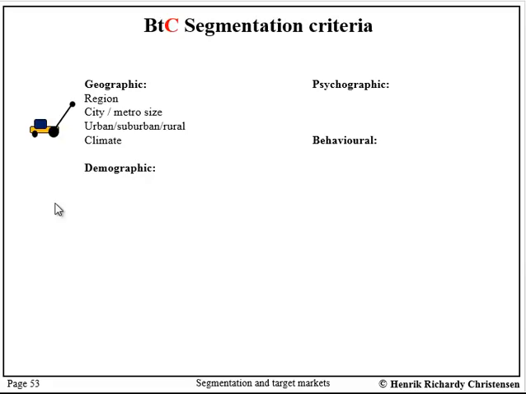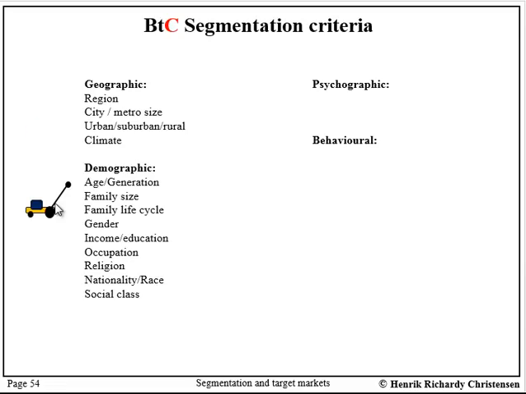And then we have demographic. You'll probably notice that you know some of these criteria. Age, generation, family size, family life cycle, gender, income, education, occupation, religion, nationality, race, social class, etc. So demographic criteria describe the consumers here that we are looking at, whereas the psychographic criteria like lifestyle and personality more tell us something about how they live, for example.